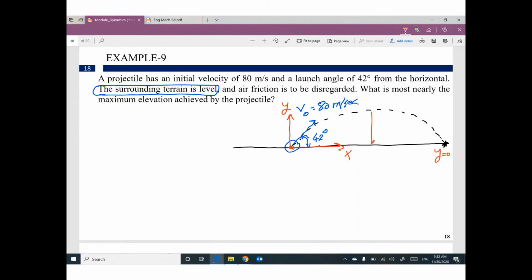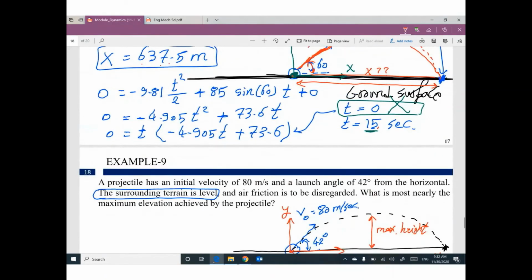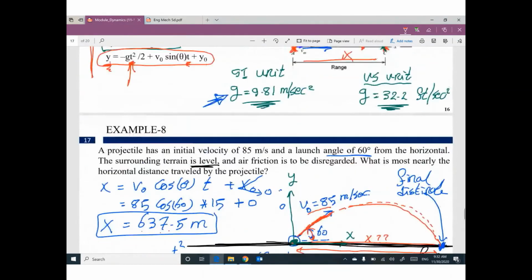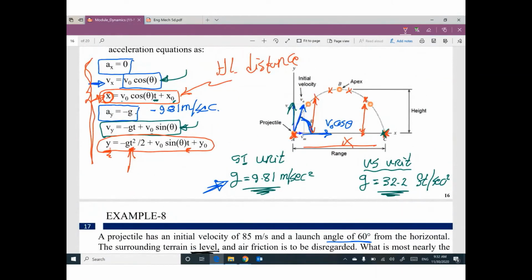What is the maximum height? What do you think? Which equation are we going to use?